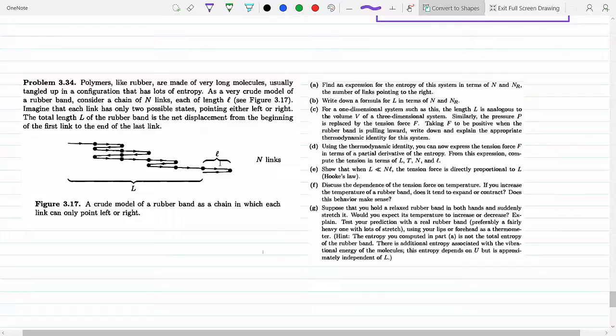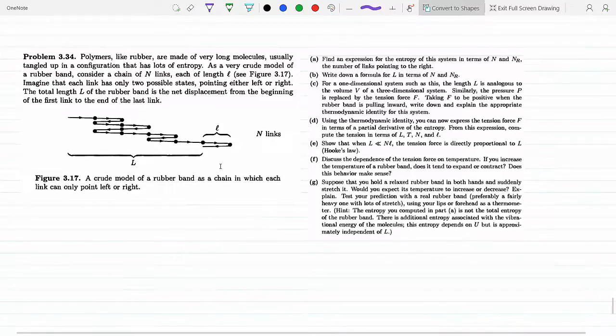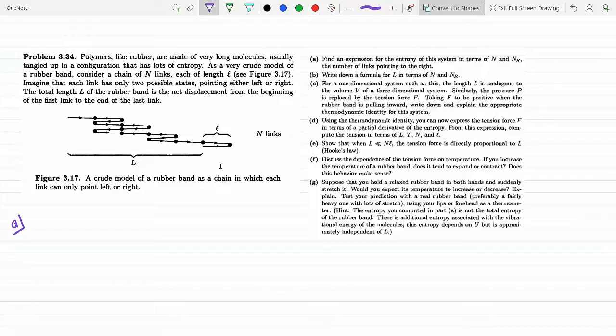Here we have links pointing to the right and links pointing to the left. And the total number of links, I'll start with part A. I've lined these up next to each other so we could see the question text and its parts right next to each other.